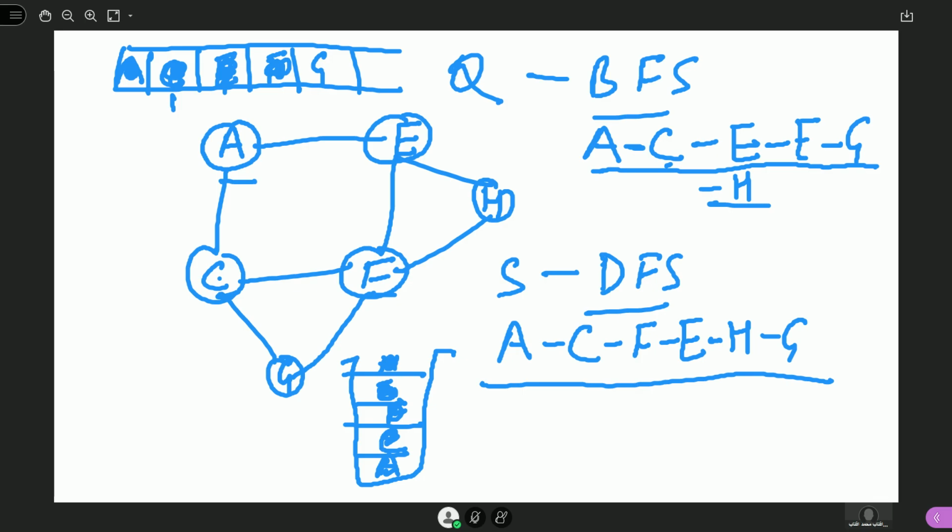So there is a question. What is BST and... remove this eraser.